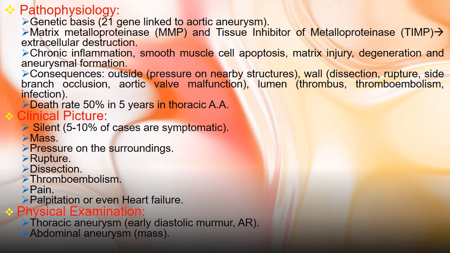On physical examination, sometimes we don't find any physical signs except for genetic inherited diseases. For the aneurysm, in some cases we cannot find any physical findings, but in some cases we can see the pressure effect on the vessels, unequal pulsation between the upper limb and the lower limb, ischemia, coronary or cerebral thromboembolism.